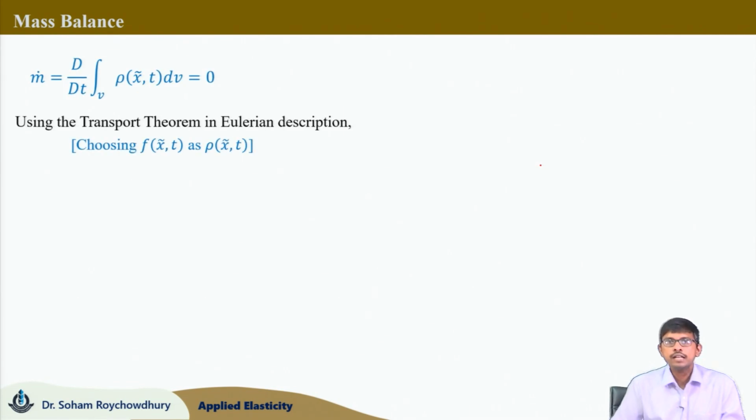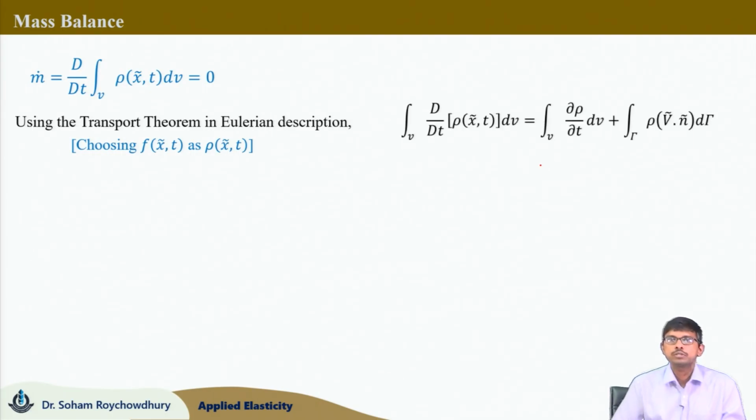Now using the transport theorem, we simplify the left hand side of this equation, d dt of the integral of rho dv over small v, where the scalar valued function f(x, t) is chosen as rho(x, t). So if you look back at the transport theorem, replace f with rho. f can be any scalar valued function. For mass balance, we choose that function to be the density rho as a function of small x and time.